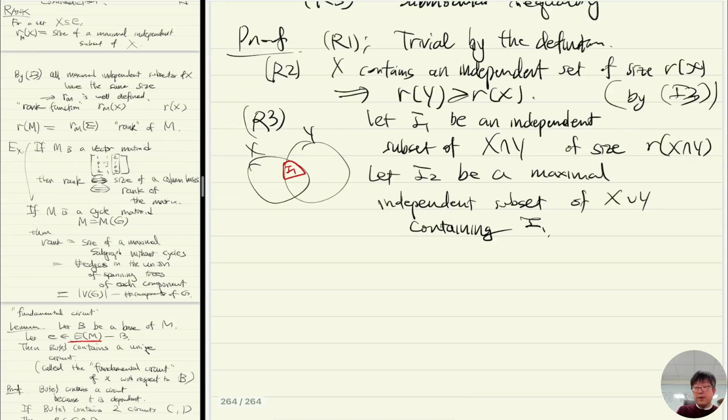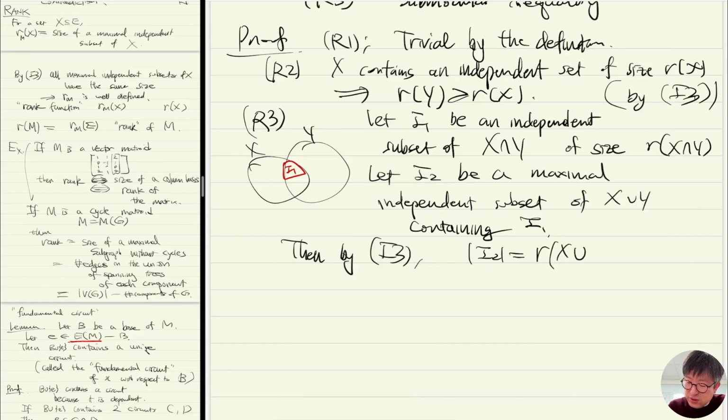I mean, I1 is independent, so I can start from I1 and extend it to a maximal independent set. So that's I2. Then by I3, the size of I2 is equal to rank of X union Y. Now I2 intersection X and I2 intersection Y are independent.